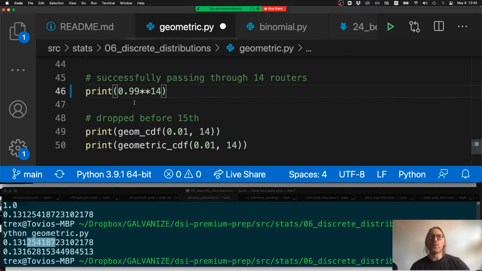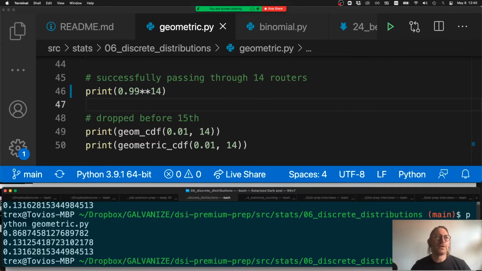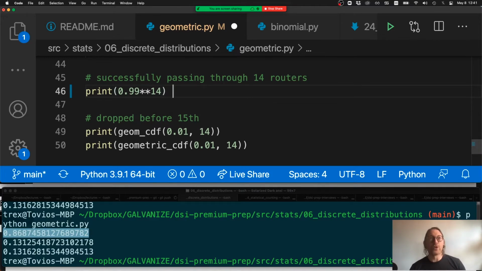What we want to do is answer it simply by saying this is a series of events, and according to the multiplication rule, it's just 0.99 times 0.99 times 0.99, 14 times. And what we get out of that is something like 86.9% probability that it's going to pass through 14 routers.